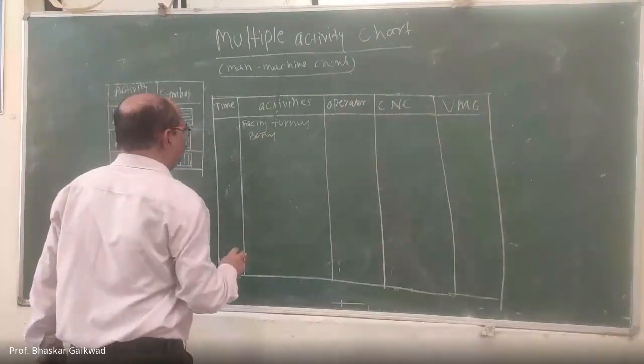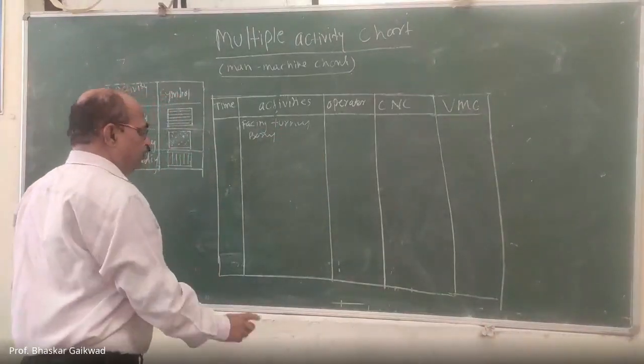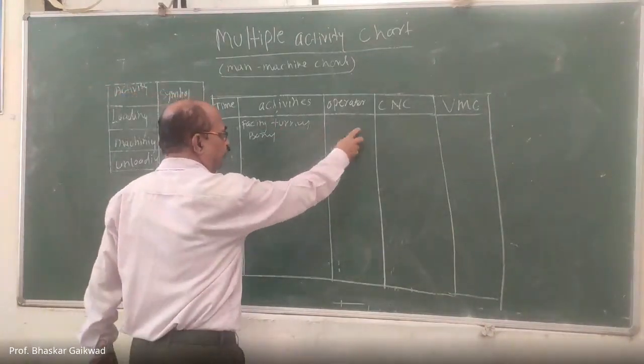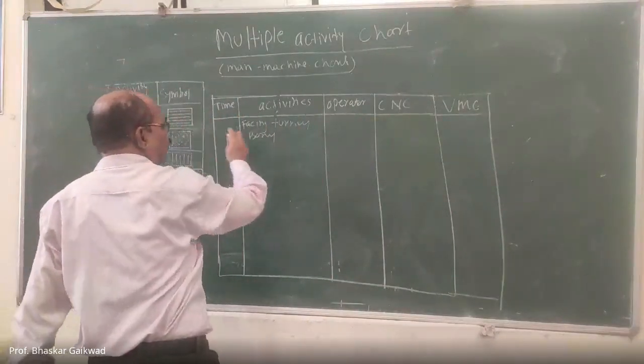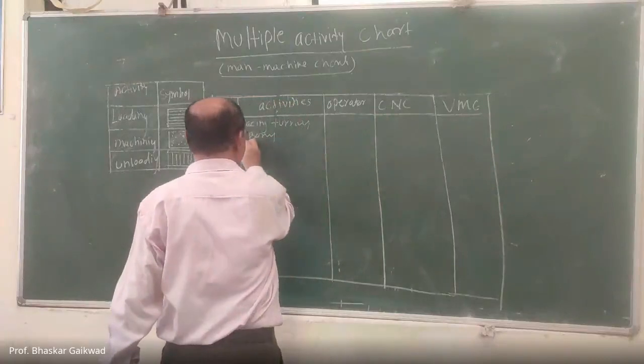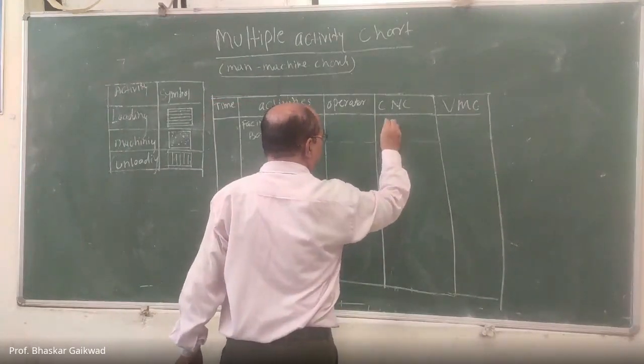In order to do these things, what will the operator do? The operator will work, and the loading symbol will be there. So within this activity, we can make use of the loading symbol.